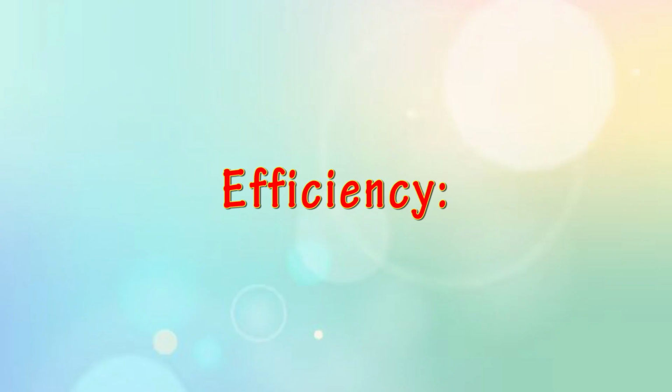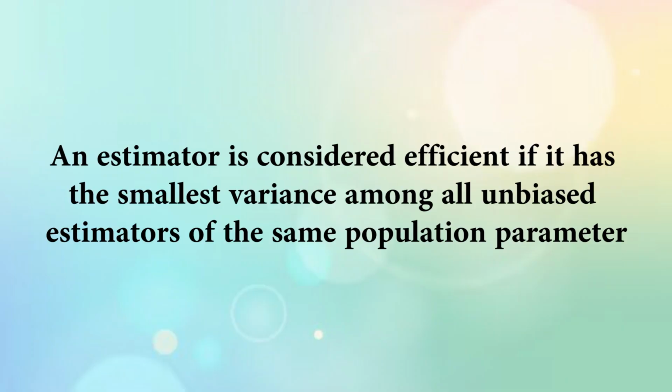Efficiency. In the theory of estimation, efficiency refers to the property of an estimator that measures how close its value is to the true value of the population parameter being estimated compared to other estimators. An estimator is considered efficient if it has the smallest variance among all unbiased estimators of the same population parameter.